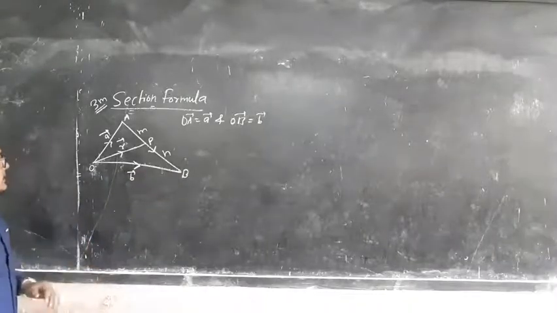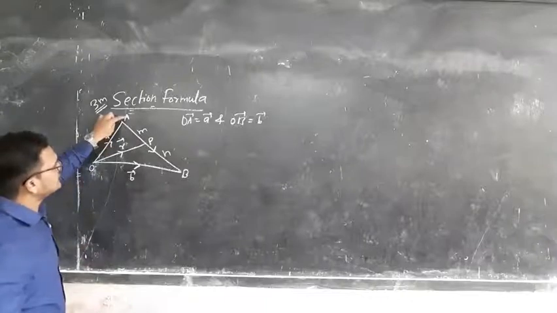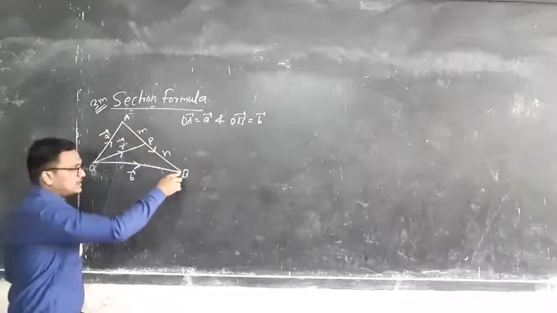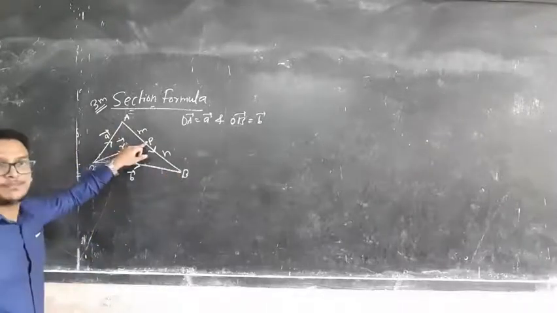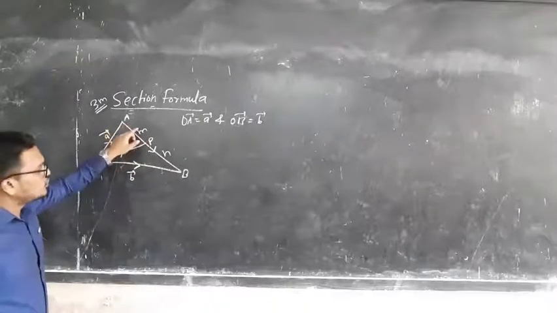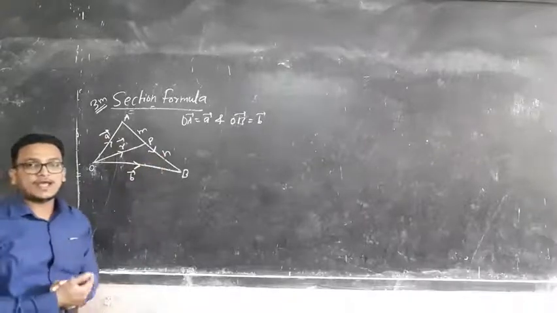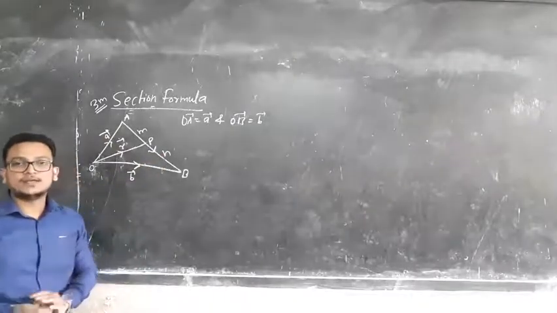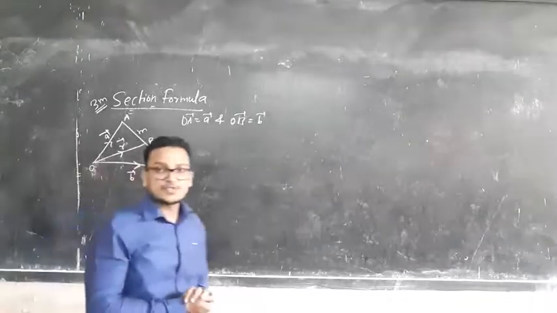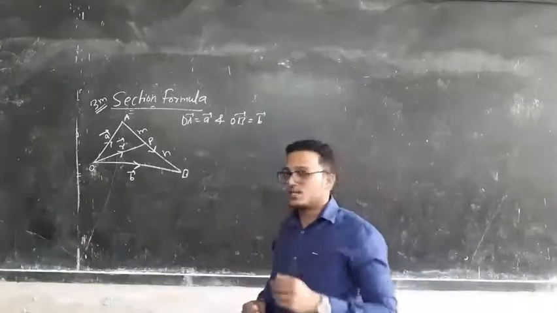Next sentence you can write: the line segment joining the points A and B is divided by the point P in the ratio m is to n, internally and externally. That is your second sentence. Okay, I will repeat the explanation part; you can write the explanation in your own words.